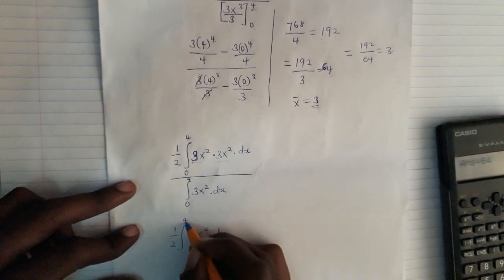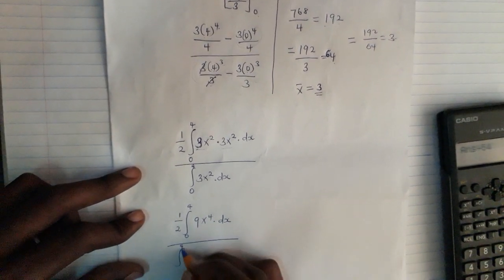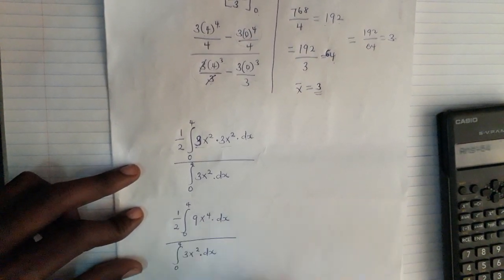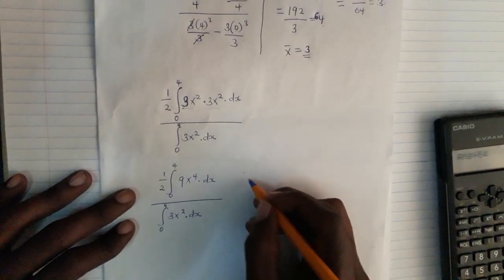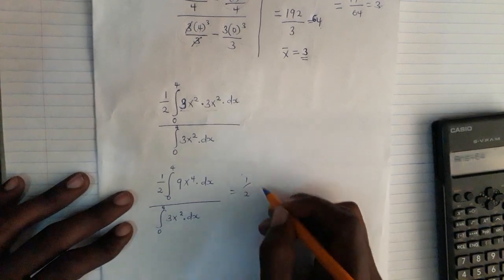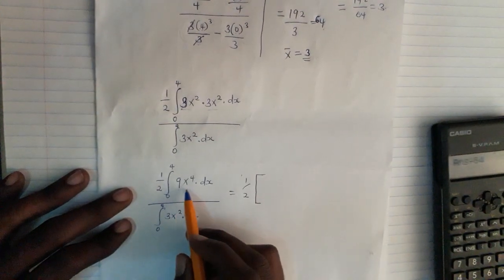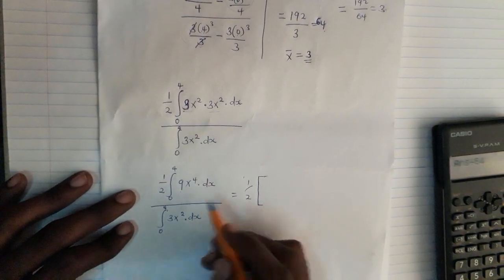But then we have our limits here, and then over the integration of our limits, 3x squared with respect to x. So it is a half, and then let us integrate. If we integrate here, we add 1 to the power, then we divide by the new power.